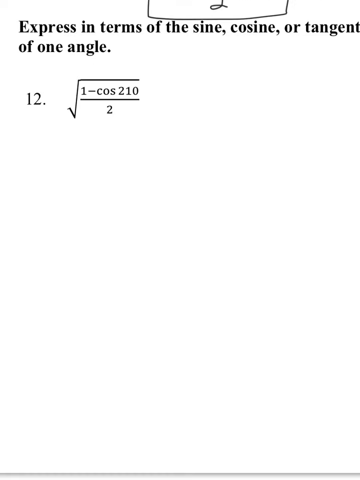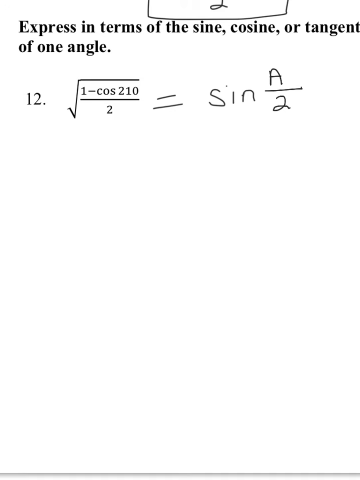Okay, in problem 12, we're going to express in terms of sine, cosine, or tangent of one angle. Again, I'm using my formula chart. This is obviously a half angle formula, and it is the half angle formula for sine. So we will say alpha over 2.